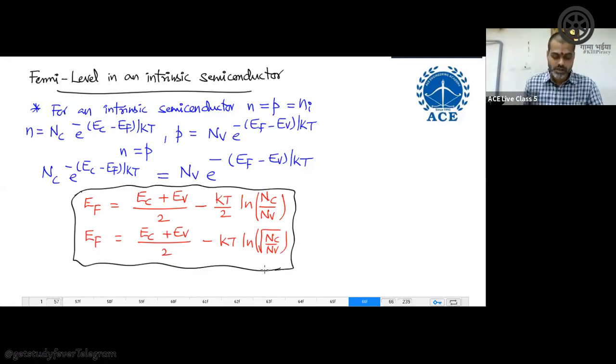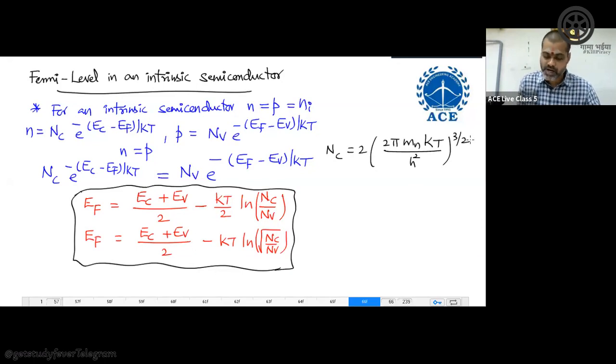Now we know what Nc and Nv are. What is Nc actually? We got it is 2 times (2 pi mn Kt divided by h square) whole power 3 by 2. Am I correct? And Nv is equal to 2 times (2 pi mp Kt divided by h square) whole power 3 by 2.